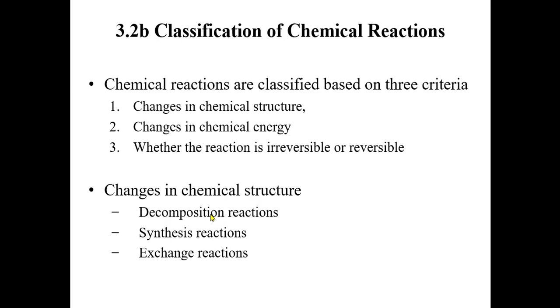That's just the opposite, when you have A separate and B separate joined together to make AB. And the last one is exchange, where A and B on one side make something new, C and D, on the opposite side, which also has a chance to go from C and D back to A and B. Sometimes the reactions are reversible, sometimes they are not.